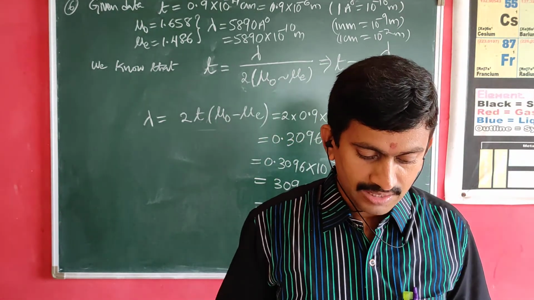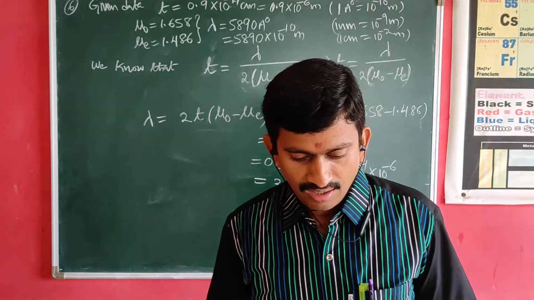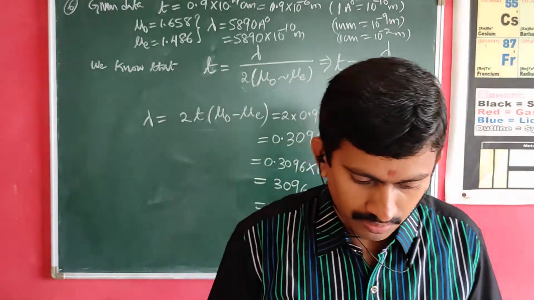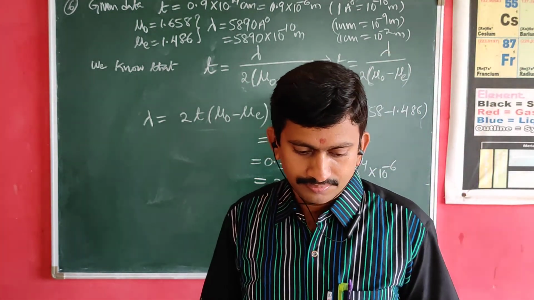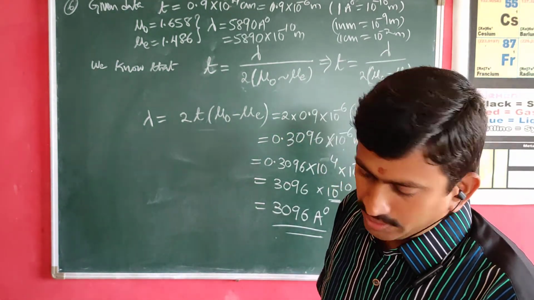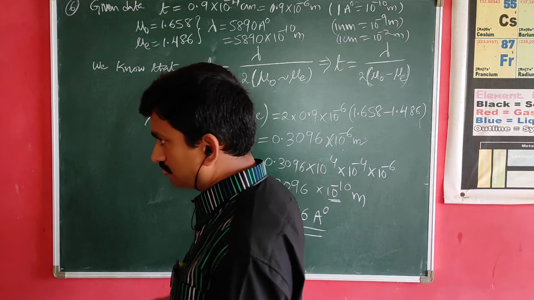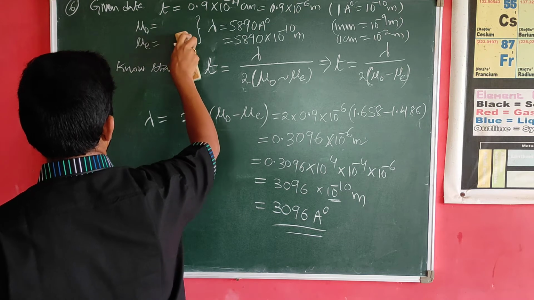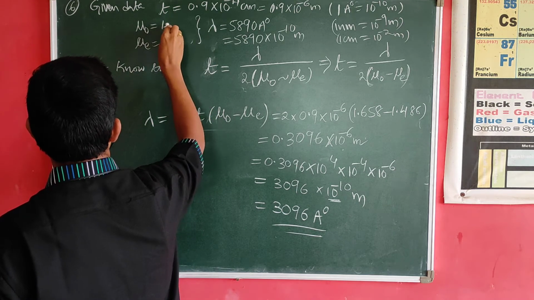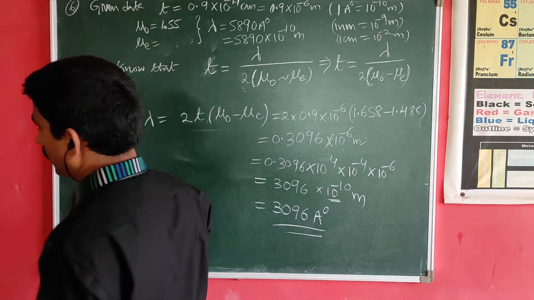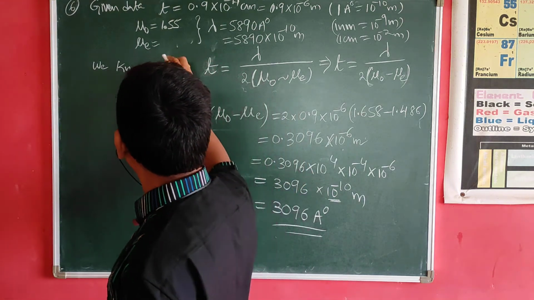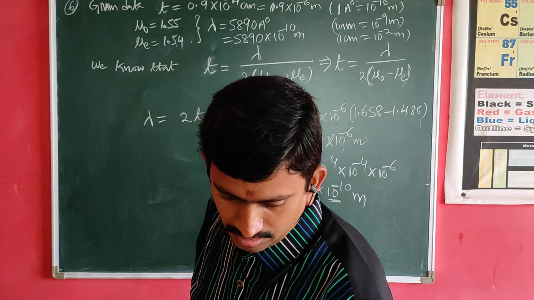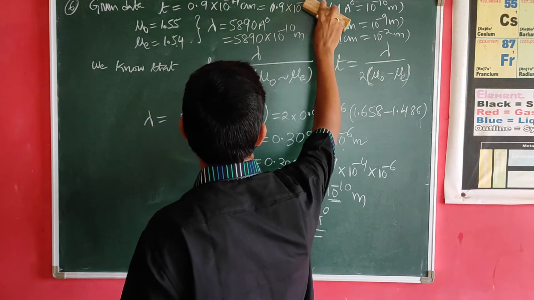I am repeating the problem. Find the thickness of the half wave plate when the wavelength of light is 5890 angstrom, mu O, the refractive index for ordinary light, is 1.55, and mu E is 1.54.